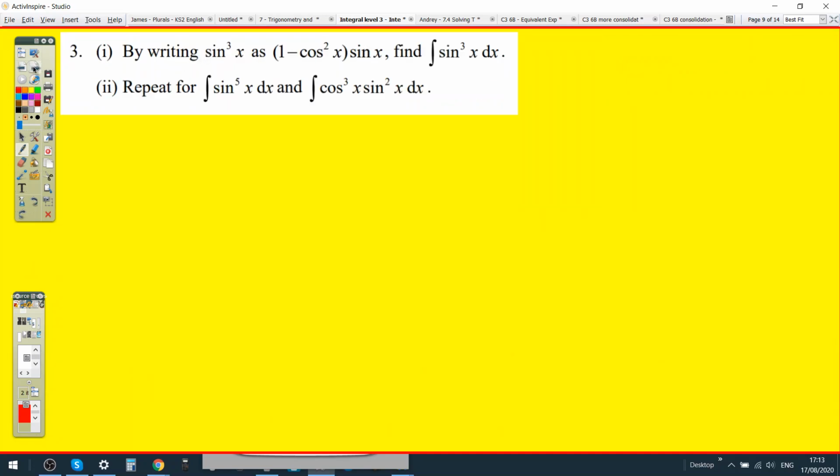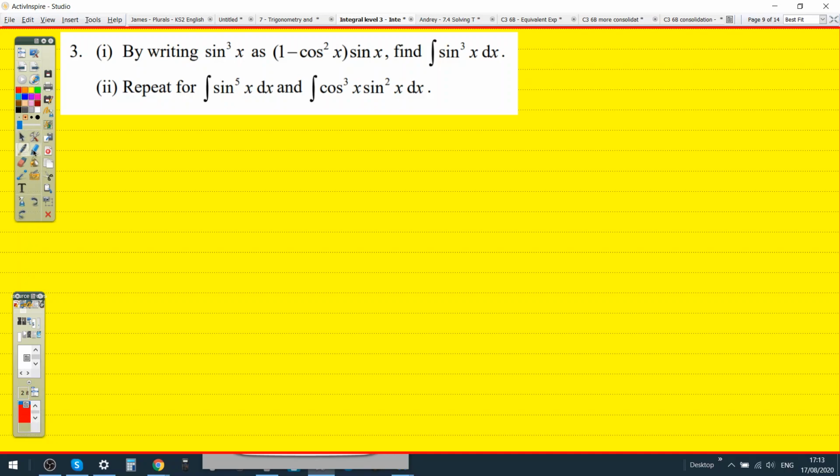Tricky. Okay, what is this? Okay, so it's the integral of 1 minus cos squared x times sine x. So sine cubed x is equal to 1 minus cos squared x times sine x.